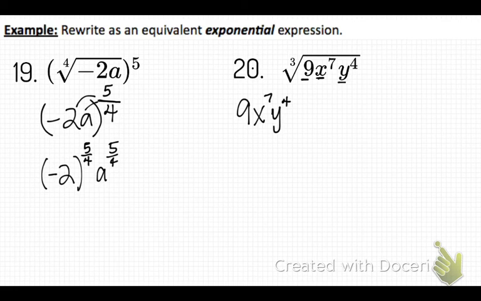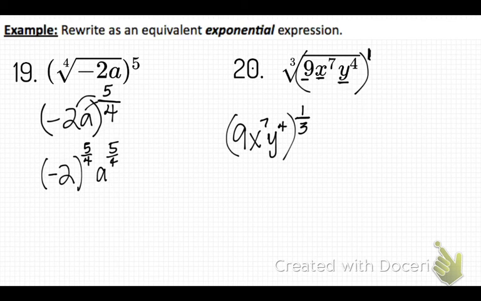Okay, so I have 3 different terms. I put that in parentheses since it's inside. What is the root? And then what is the big power that's outside? 1, okay? So I can write this as 9x to the 7th, y to the 4th, like this, okay? But I do need to distribute or use my power rule to go through like this.